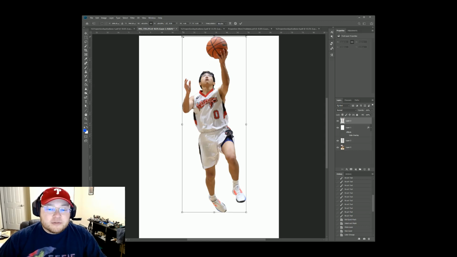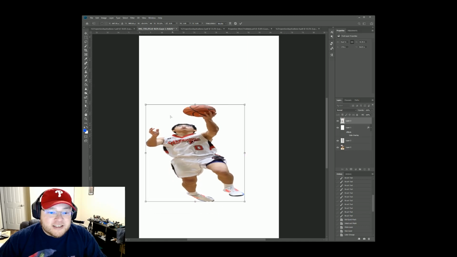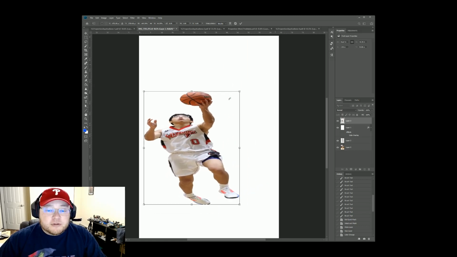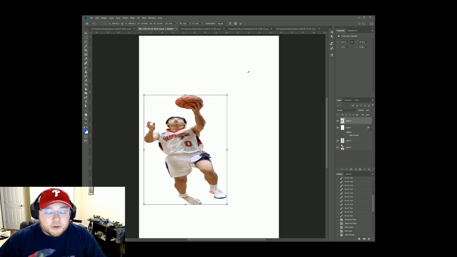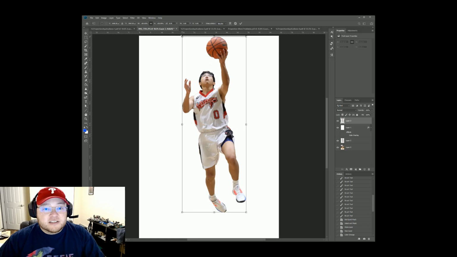Or if I'm like, this is too big, I want to make it smaller, suddenly he gets kind of thick. So keeping things in proportion is important because you can tell when you don't that the size isn't right.